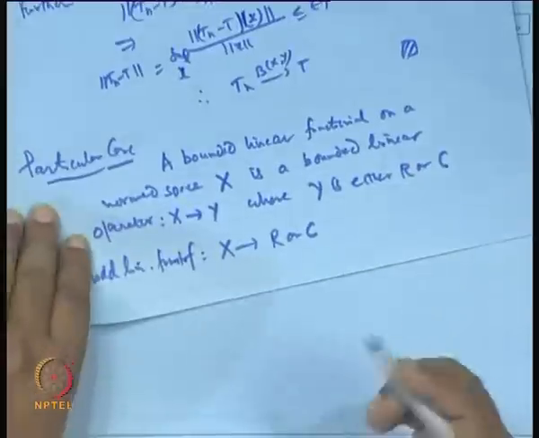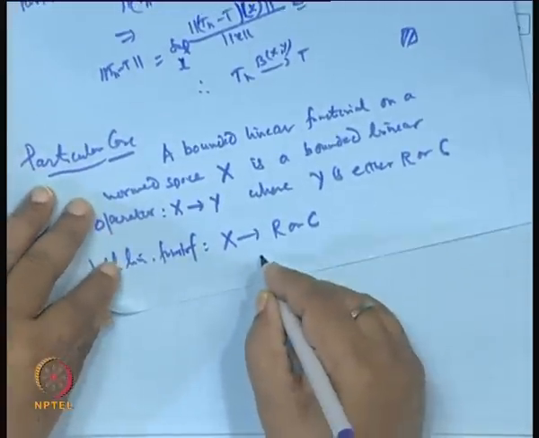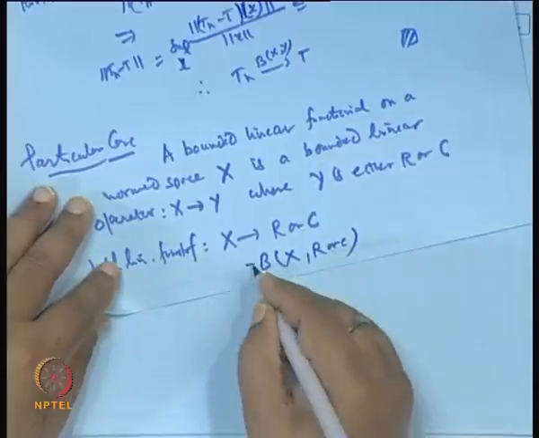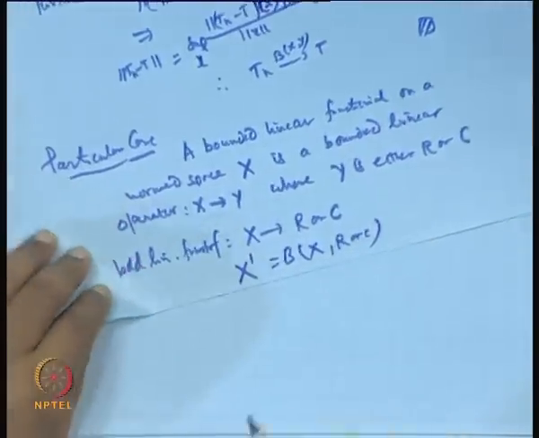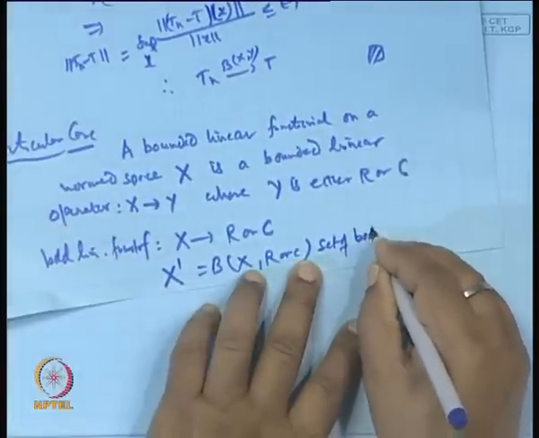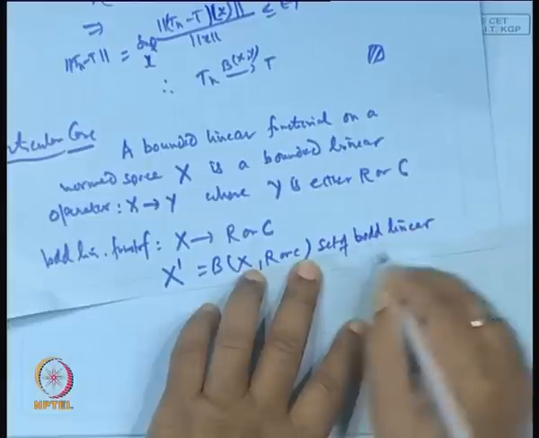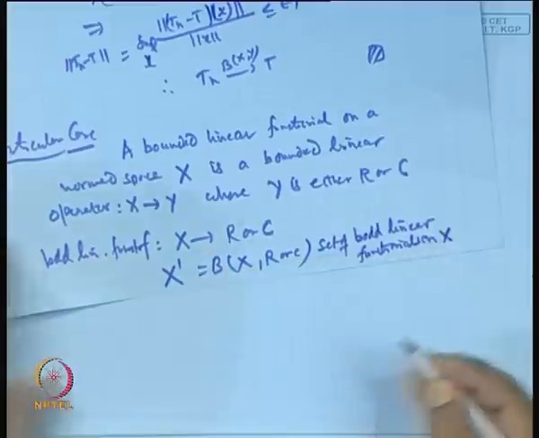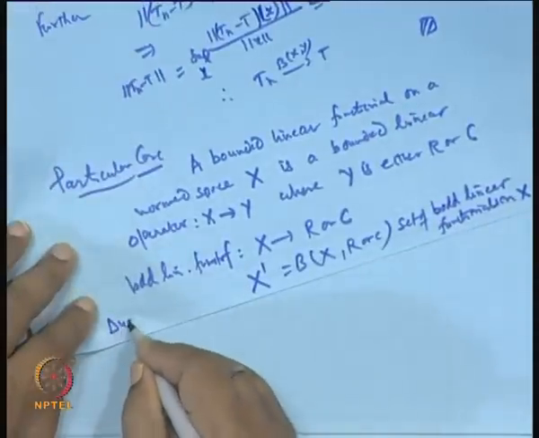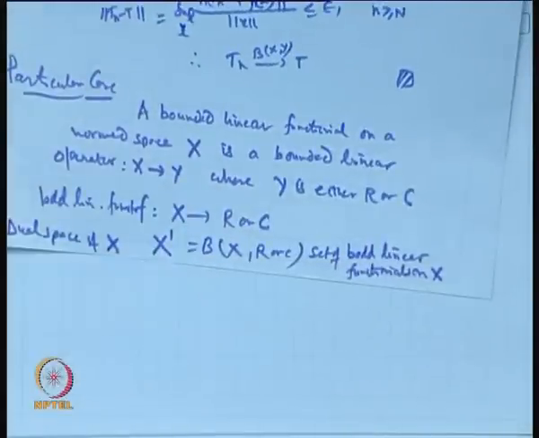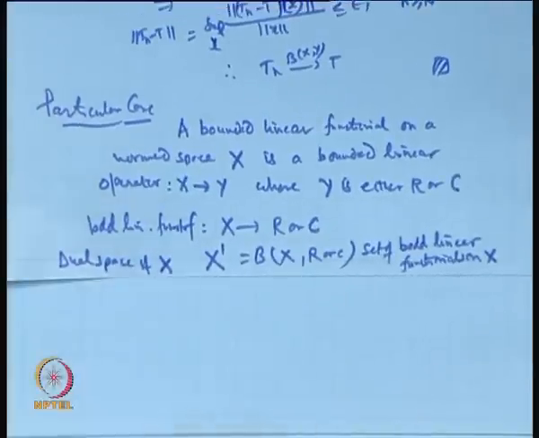Now, B(X, R or C) is denoted by X dash: the set of all bounded linear functionals on X is denoted by X dash and is called the dual space of X. Is this clear?